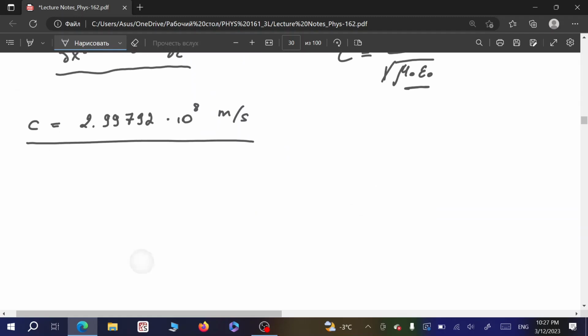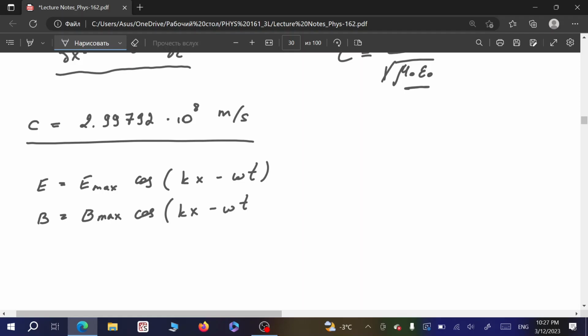So for electric field, we can write E maximum times cosine of kx minus omega t, and magnetic field is B maximum cosine of kx minus omega t.